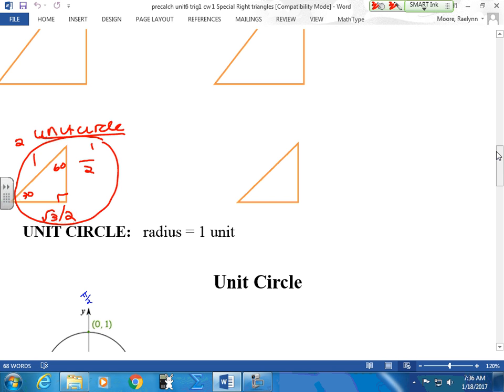So if this was my unit circle, 1, 1/2, radical 3 over 2, and this was my one that I like better. For instance, if I did the sine of 30 on this guy, what is the sine of 30? One over 2.